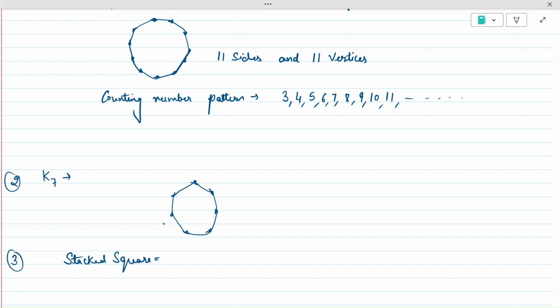So this is our 7-sided, 7-point polygon, which we are using to make a complete graph of 7 points. So what we are going to do, we know that in case of a graph, every point should be connected to every other point. So I will start from here.